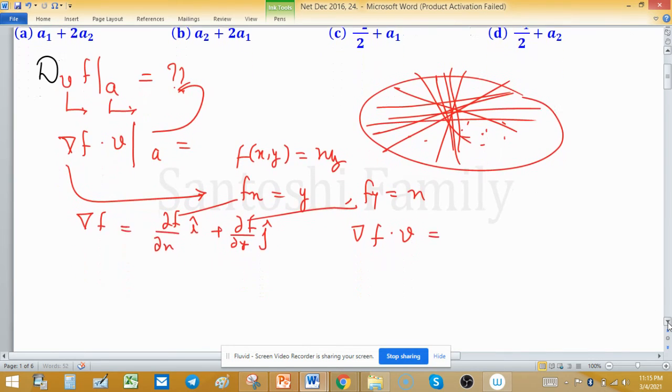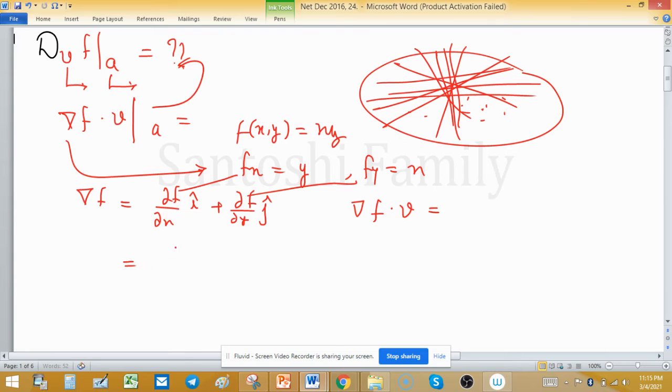It can be written as y i hat plus x j hat, with dot product with the unit vector v, as v is given by (1, 2), so this can be y plus, and the value of y is 2, so 2x.